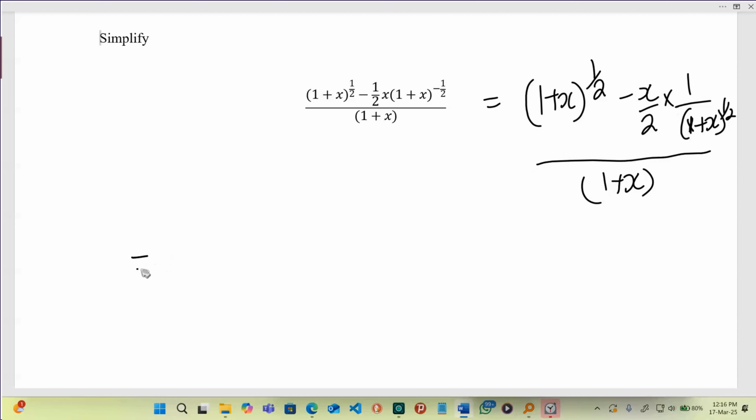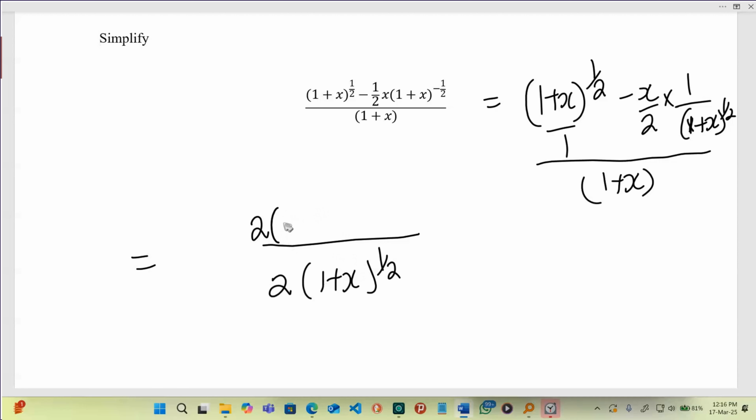Now let's continue and I make LCM here. LCM will be 2 into (1 + x) power a half. So I bring it here. This is out of 1. So I get 2 into that, divide by 1, I multiply by this. So I'll have 2 times this. It is actually 2 into (1 + x) raised to power a half.